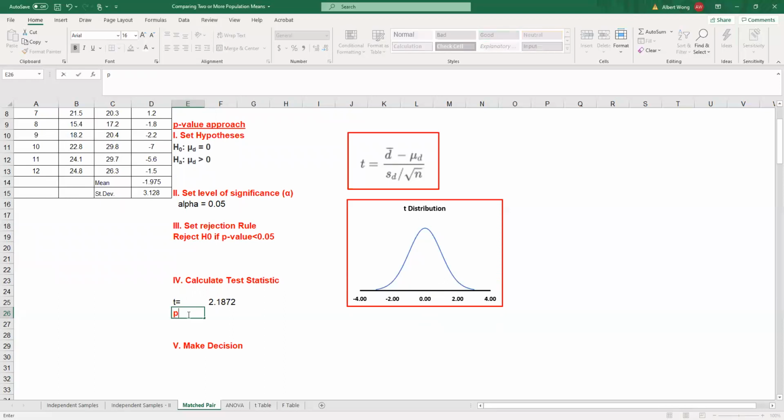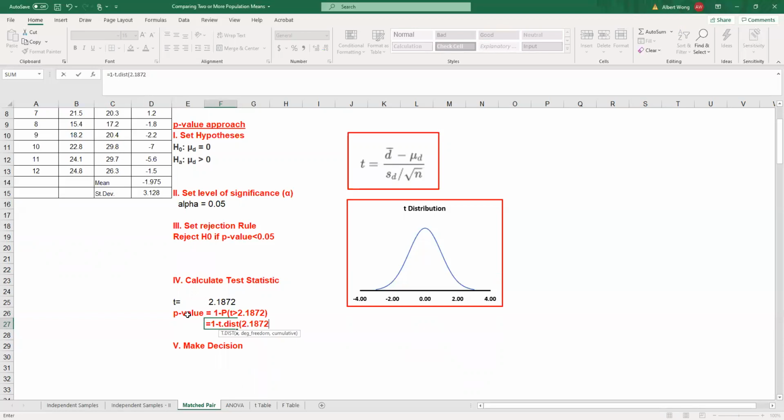So the p-value, let me just write this down for you, is equal to 1 minus the probability of t less than 2.1872. And if you're using Excel to do the calculation, there would be 1 minus T.DIST of 2.1872.